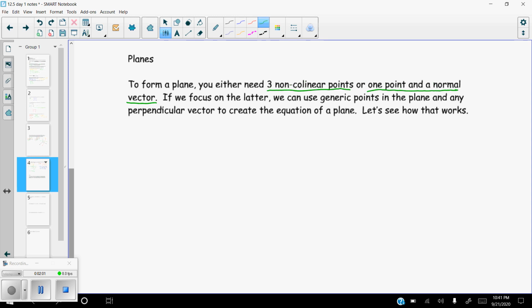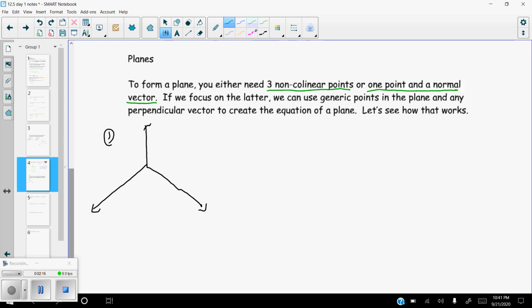If we go with case number 1, an easier one to think about, if you have 3 points which are collinear, they might exist in a plane, but you can't really write the equation of the plane.